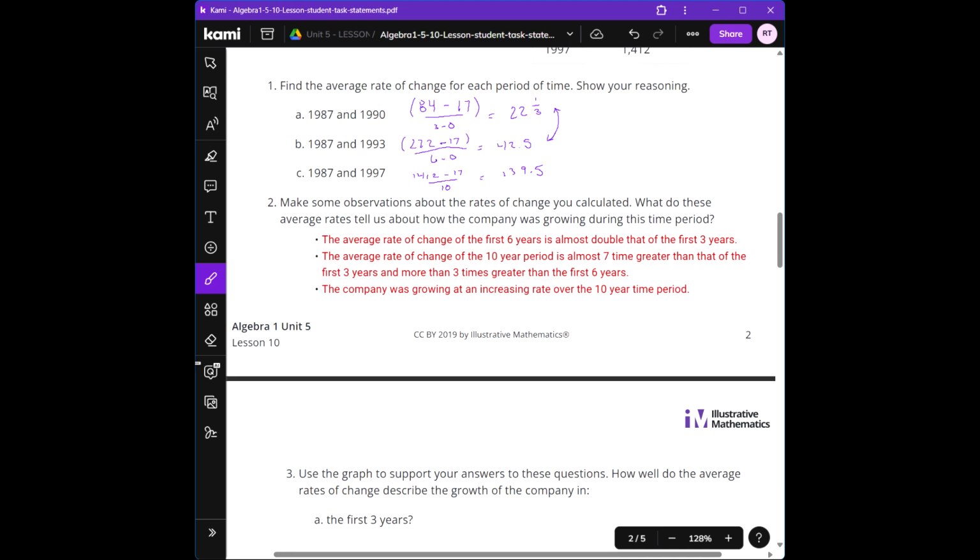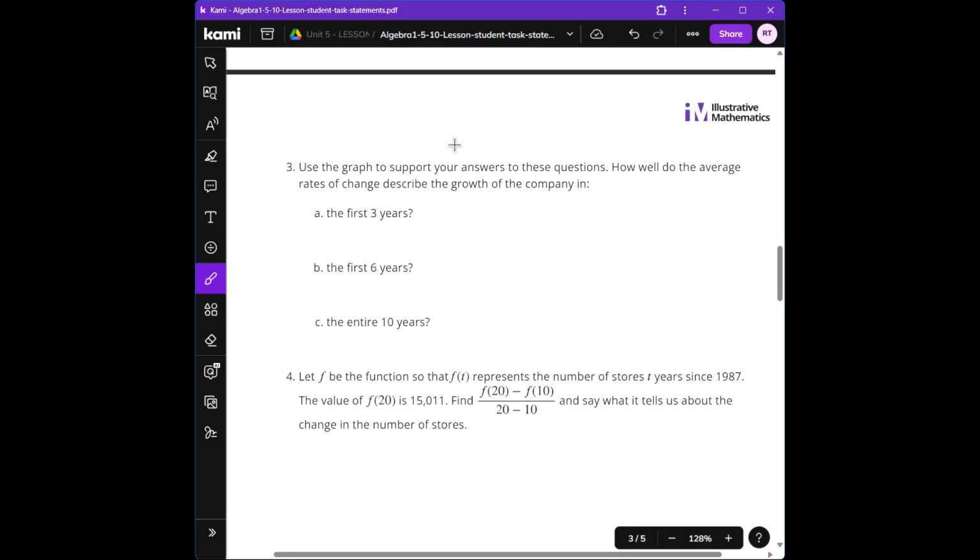The average rate of change of the entire 10-year period is almost 7 times greater than that of the first 3 years and more than 3 times greater than for the first 6 years. The company was growing at an increased rate over the 10-year time period. That's some of the information we can get from this calculation.